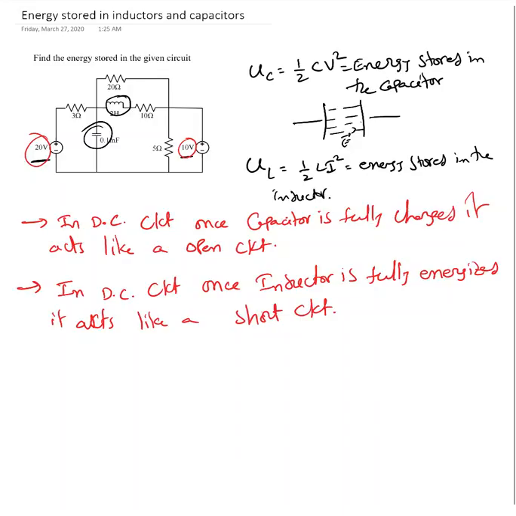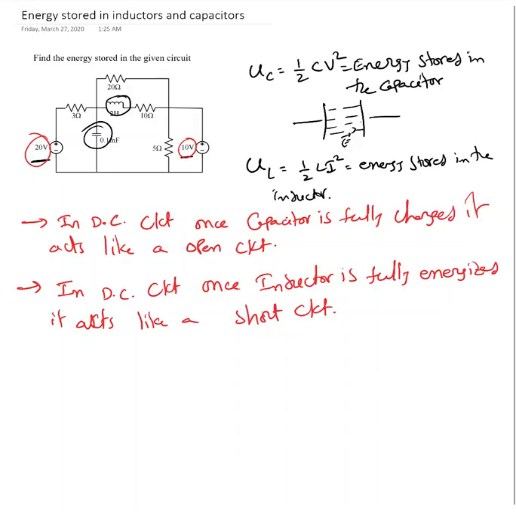I'm talking about the steady state. I will never talk about the transient state in the exam, because the transient state lasts only a few milliseconds or microseconds, less than a second. Unless I specify transient state, we always talk about steady state, which means it is fully charged.